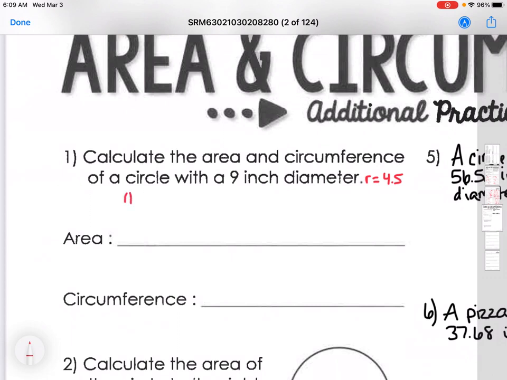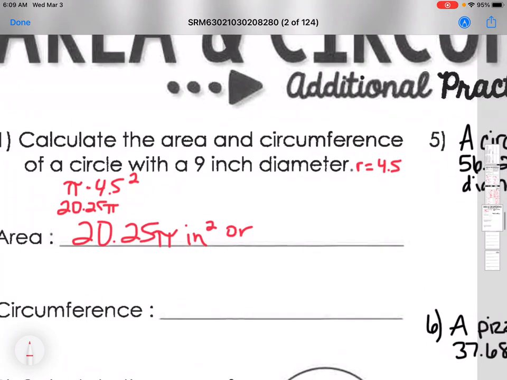So pi times radius squared, so 4.5 squared is 20.25. So I could write 20.25 pi square inches. Or if I multiply it by pi, I get 63.56 square inches.